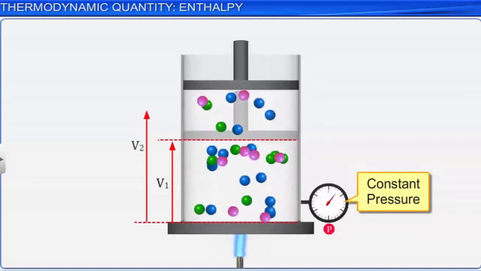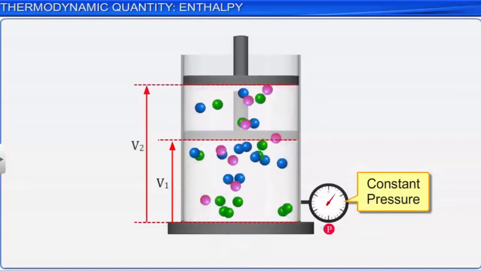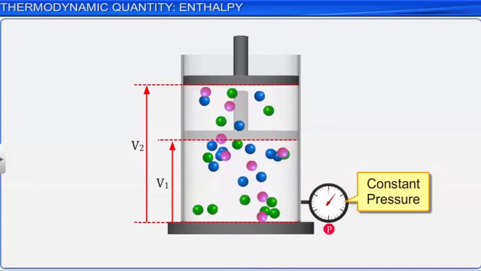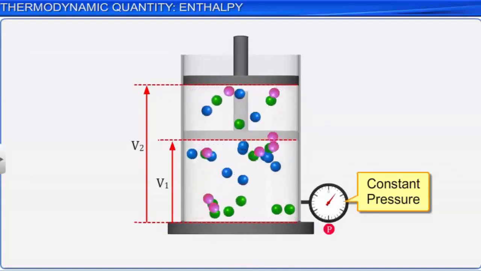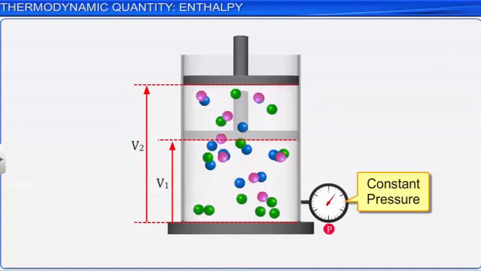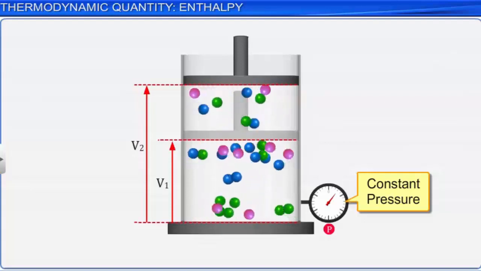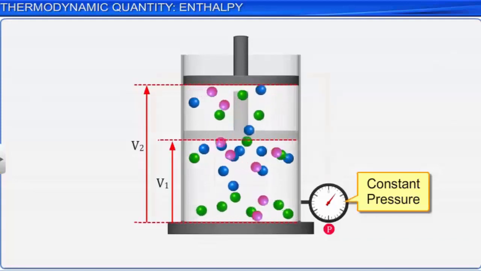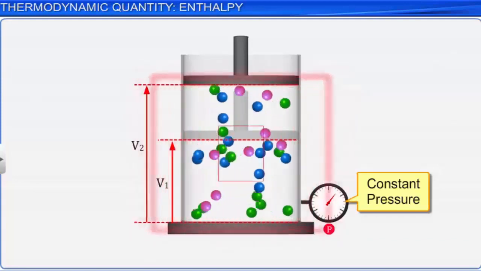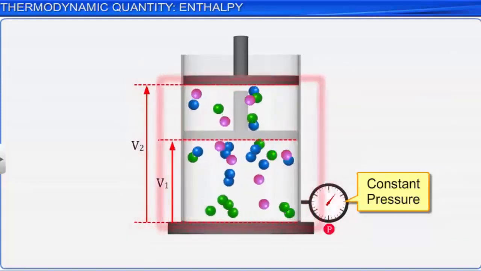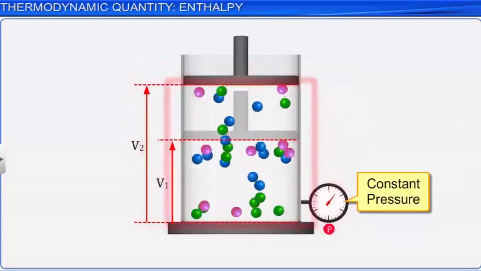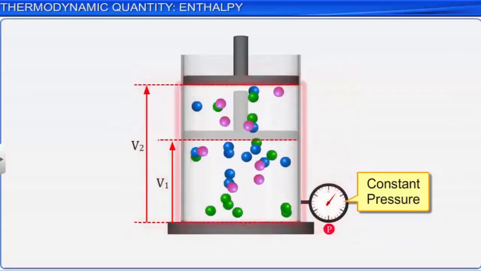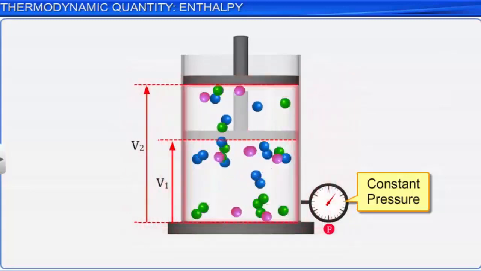The energy change occurring during such reactions may not only involve change in internal energy but also some work. To understand this, assume a chemical reaction occurring at a constant pressure. Let us assume that the reaction is exothermic and also involves gaseous substances. When the reaction proceeds at constant pressure, two possibilities arise.